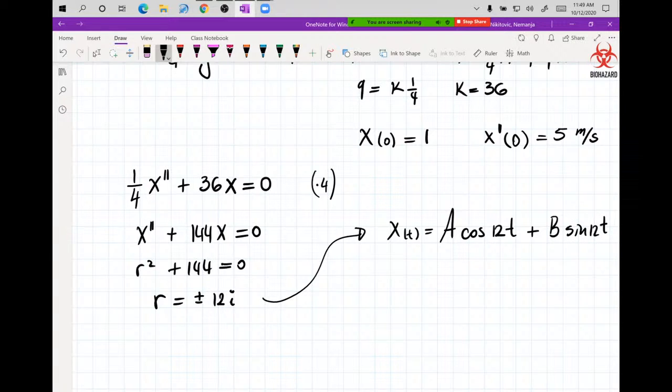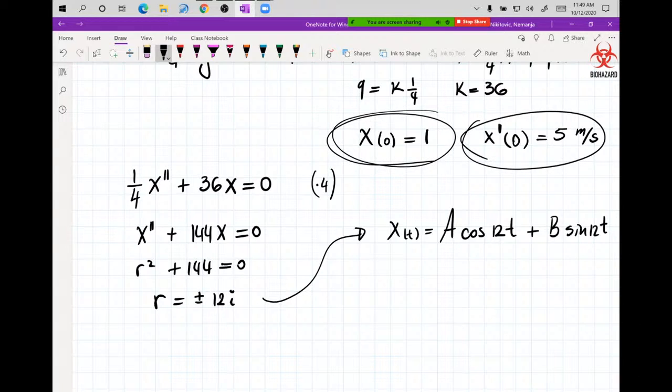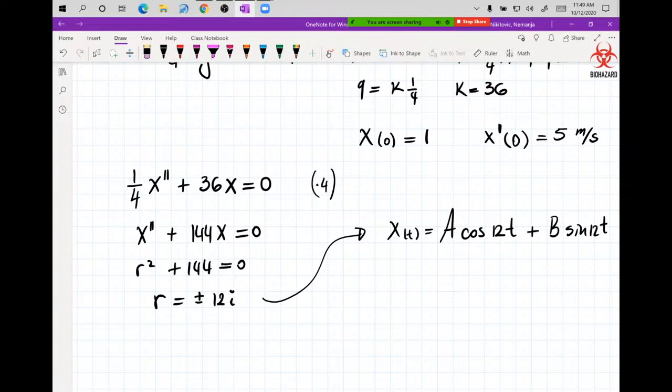Cheap and easy, right? Now I have to use my conditions to calculate a and b. So I need the derivative, which would be negative 12a sine 12t plus 12b cosine 12t.